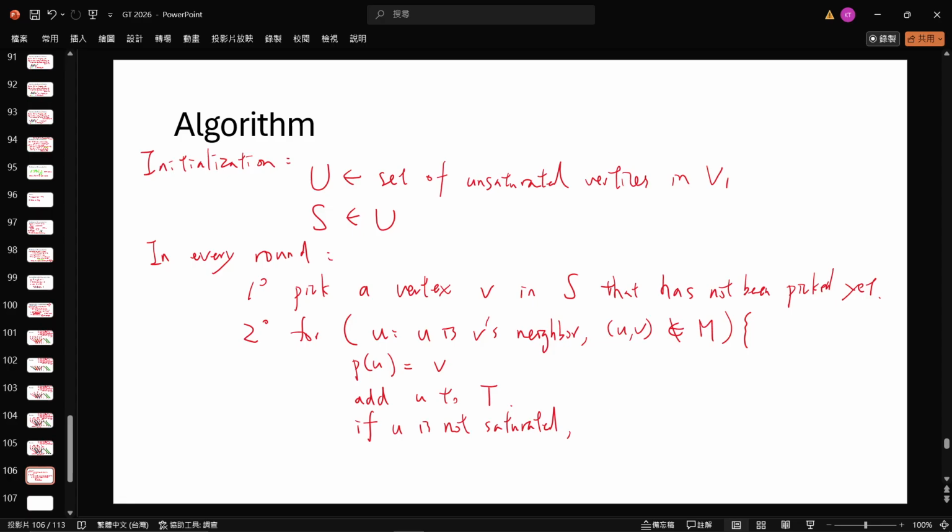If this vertex U is not saturated, then return the augmenting path.